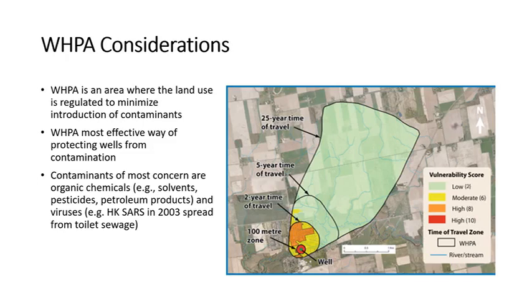All right, if you want the contaminants to travel 25 years before reaching the well, this should be the distance. If you want them to travel 5 years, this should be the distance. If you want them to travel 2 years before reaching the well, this should be the distance, and so on.